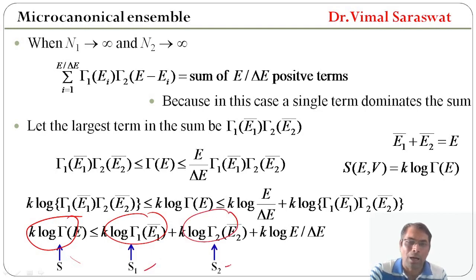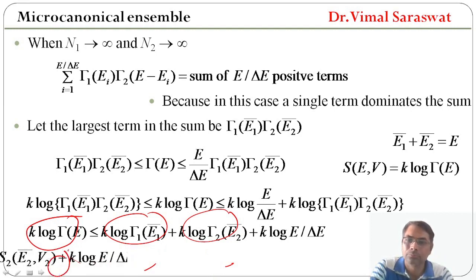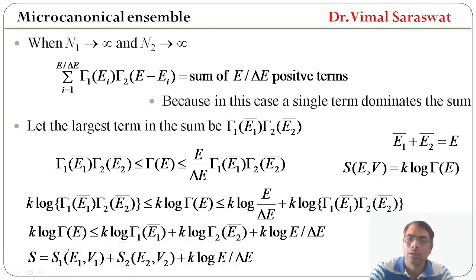S1 and S2 are the entropies of subsystems 1 and 2, and S is the entropy of the composite system. So S equals S1 plus S2 plus k log E upon delta E. S1 is a function of E1 bar and V1, and S2 is a function of E2 bar and V2.